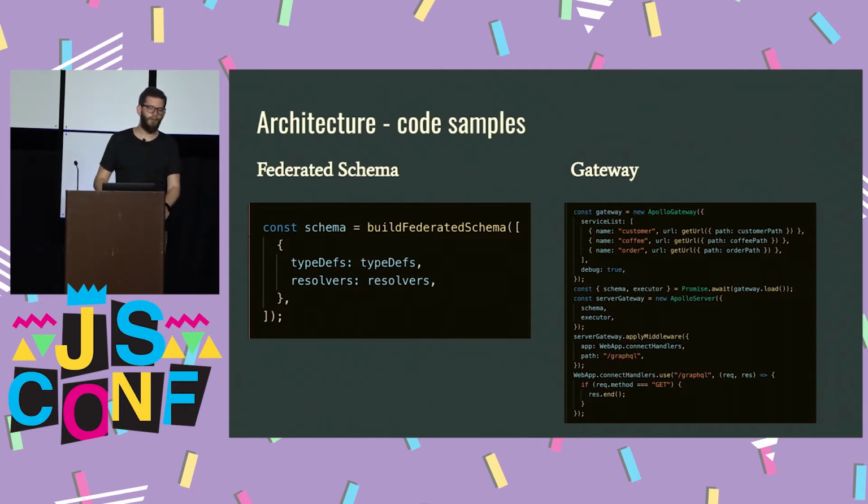Into that Apollo gateway, you pass a list of services, just providing a name and a URL where to find that service, and that's it. So it's really not tough to set up, and it brings you so many benefits. And maybe to show you the transition from a regular schema to a federated schema, I will hand over to Gerwin now.